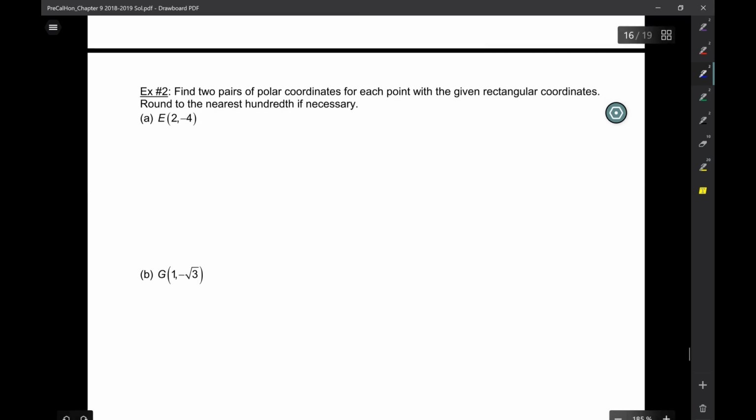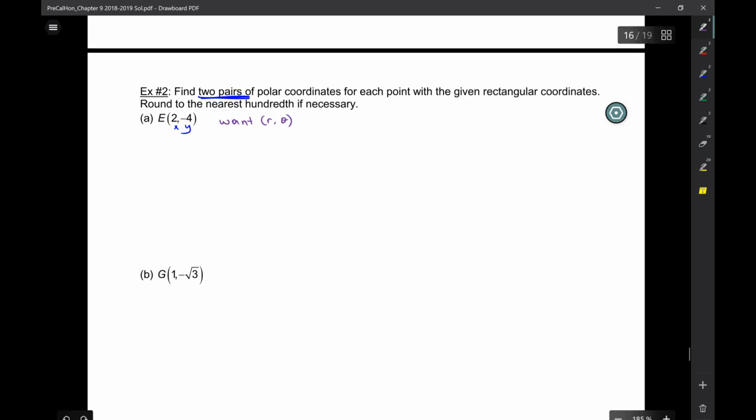So here we're given rectangular coordinates and we want to find two pairs of polar coordinates for each point. What I have here is x and y. What I want is r and theta. And I want two pairs. So let's just do one and then we can find the other one.